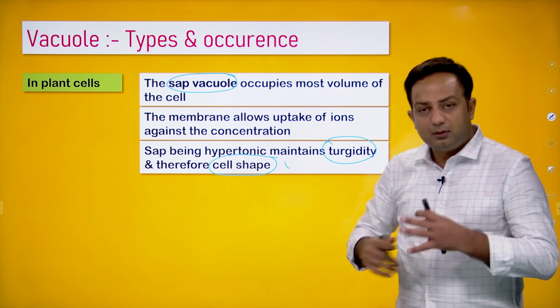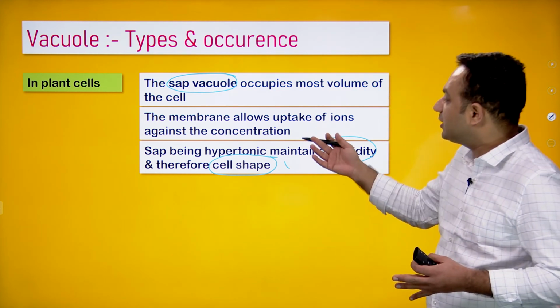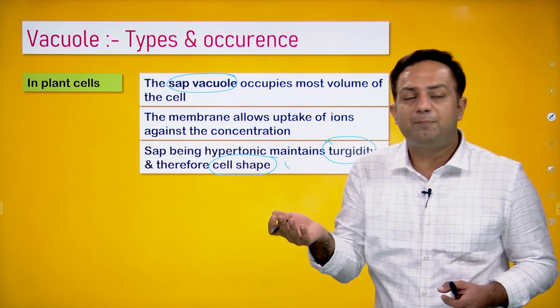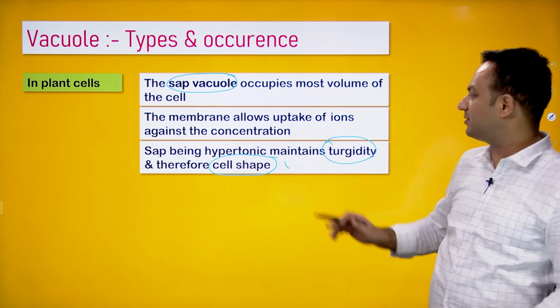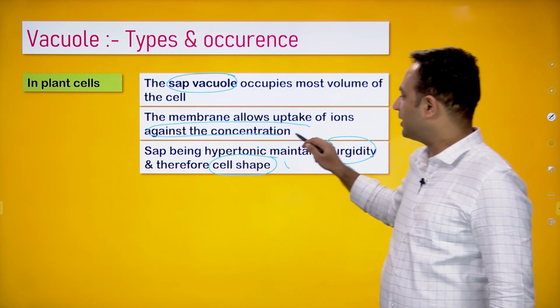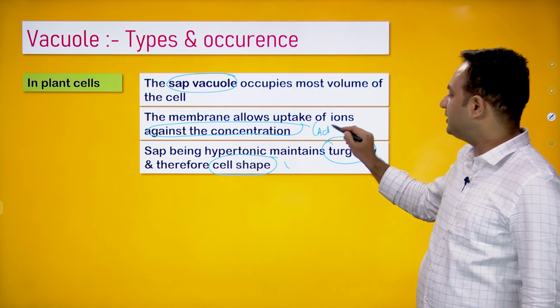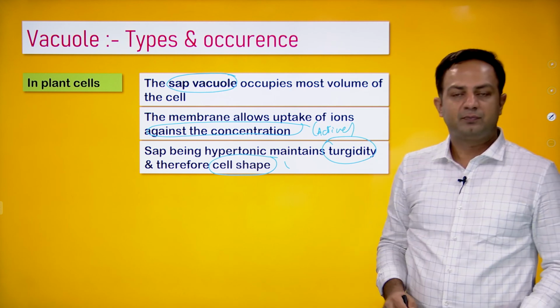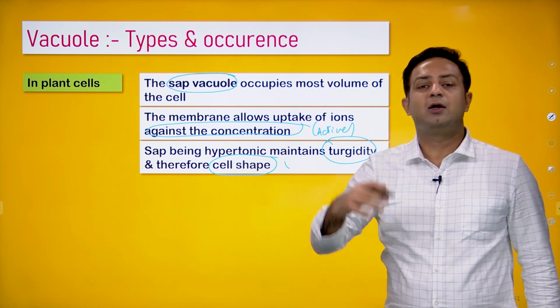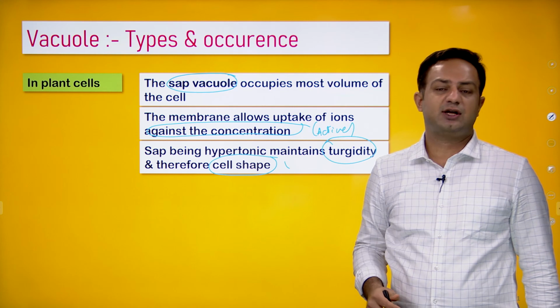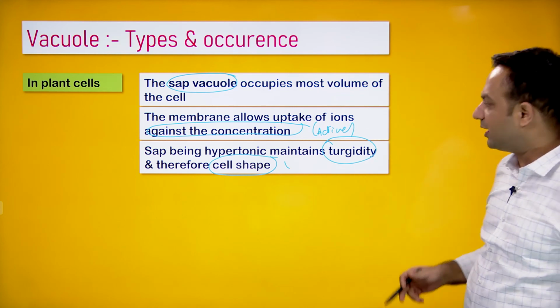How? That membrane allows uptake of ions against the concentration gradient, actively with the expenditure of energy. This is why the sap has a higher concentration as compared to the cell.